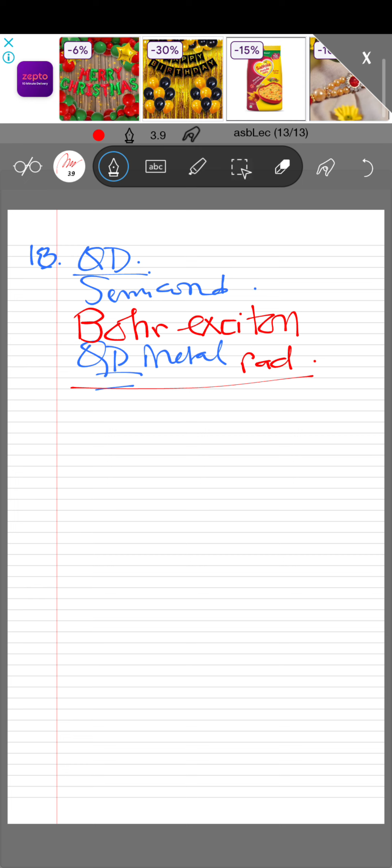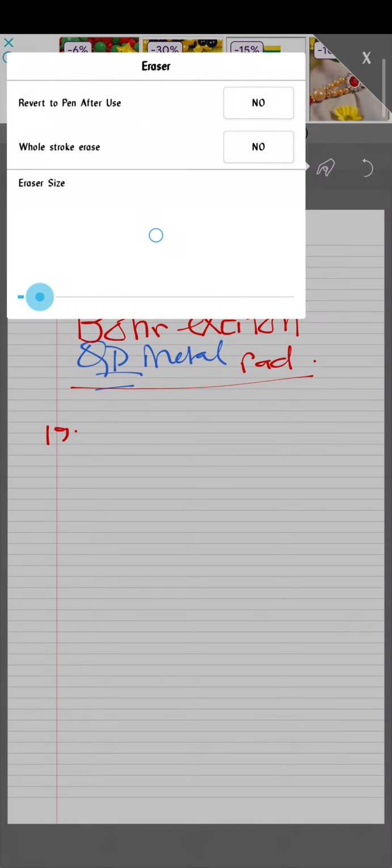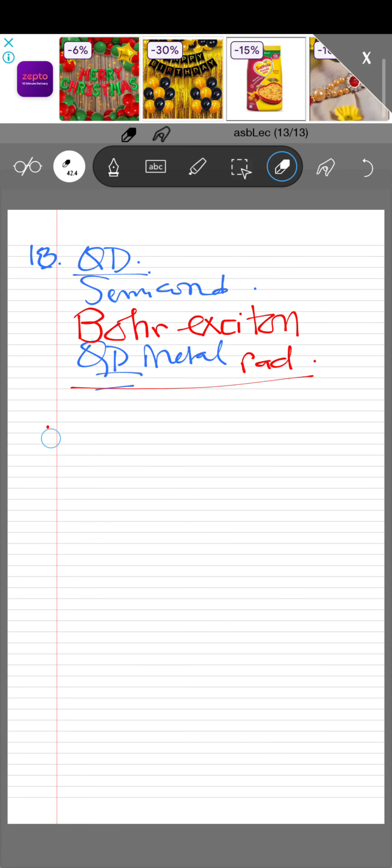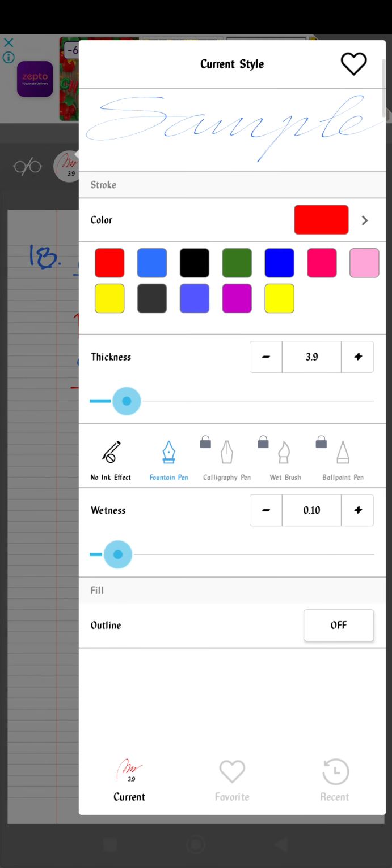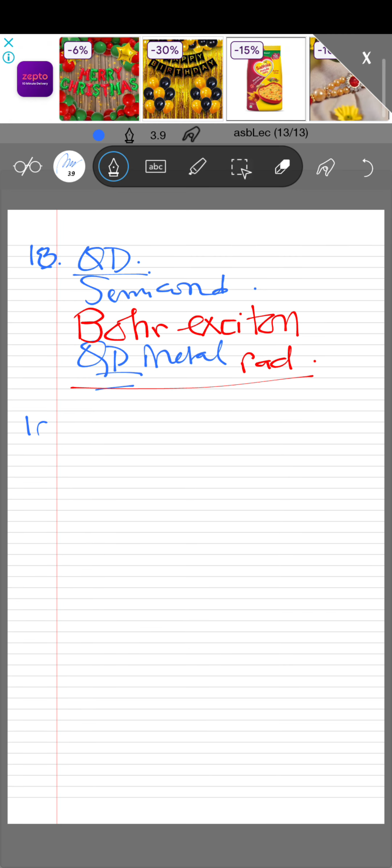Now, other properties of quantum dots are the following. A quantum dot has a symmetric and narrow full width at half maximum.